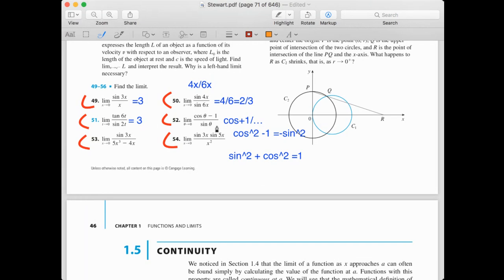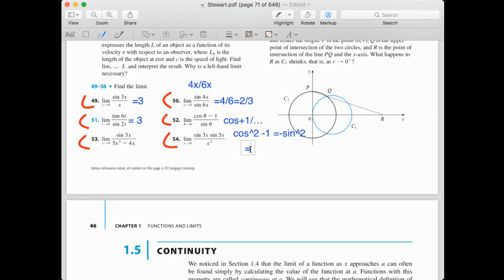Well, cosine 0 is 1. So we'll have 1 plus 1, the denominator becomes 2. But sine 0 is still 0. So we have 0 divided by 2, that's still 0. Does that make sense? Yeah, it's a little clearer. Okay. So basically you use identity, right?